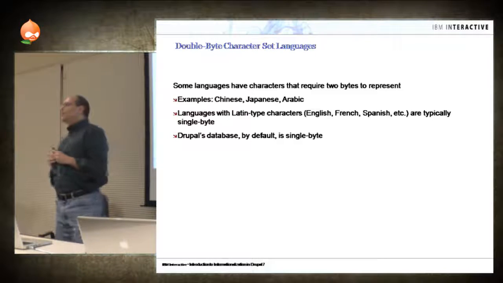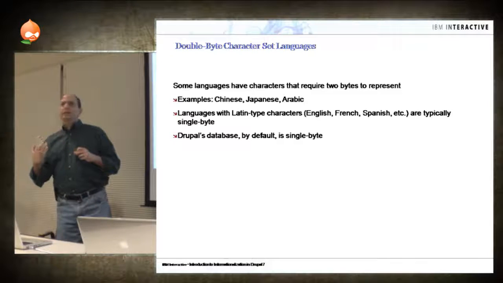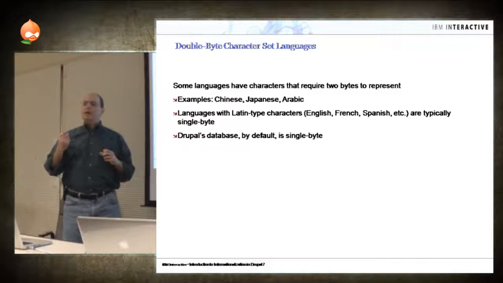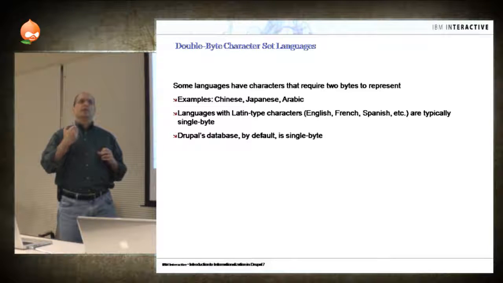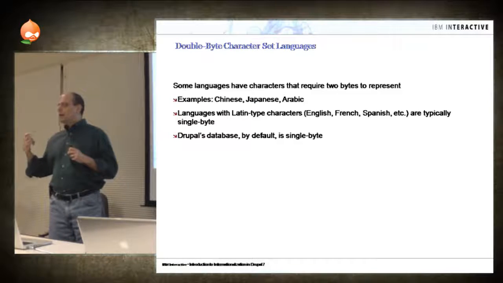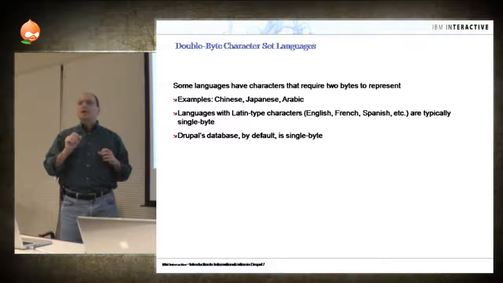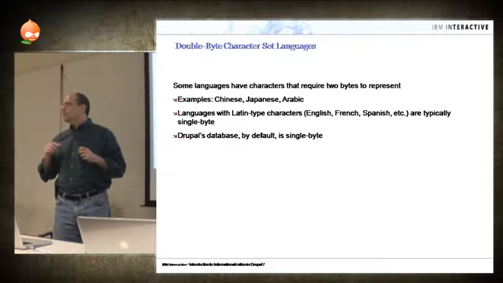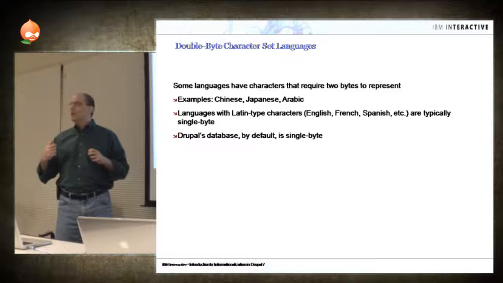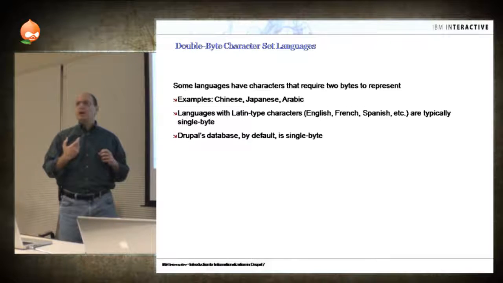Some languages are English-like. They come from a Latin root where the characters in those languages, each character can occupy a single byte. In contrast, there are some more complex languages like Chinese and Japanese that require 2 bytes to cover a single character.